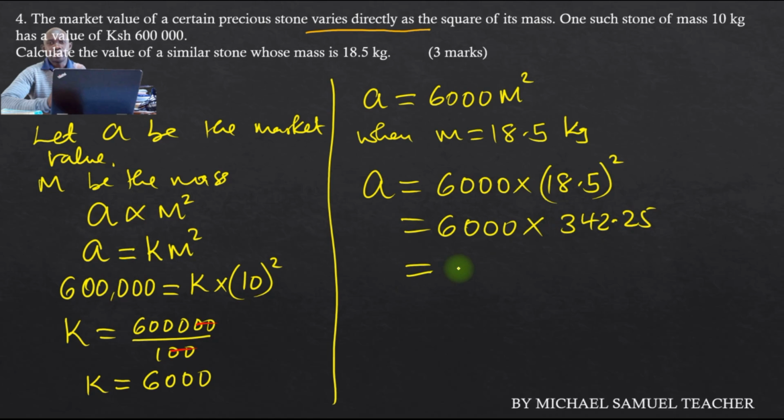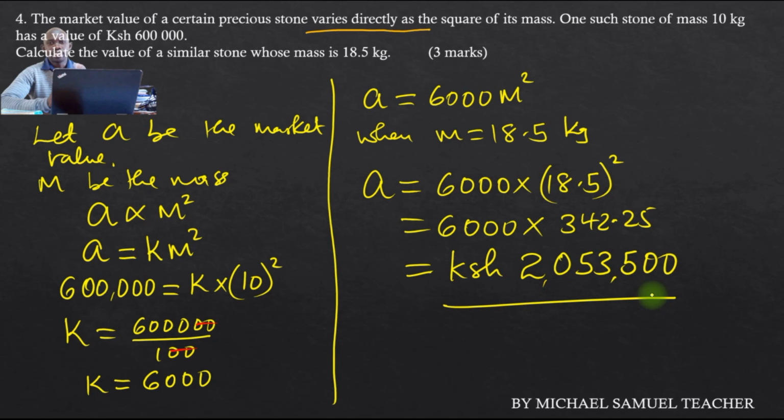So if you multiply, you shall get the market value of the stone for 18.5 kilograms to be 2,053,500. So that is the market value for the precious stone when the mass is 18.5 kilograms.